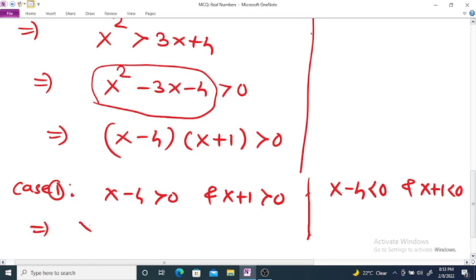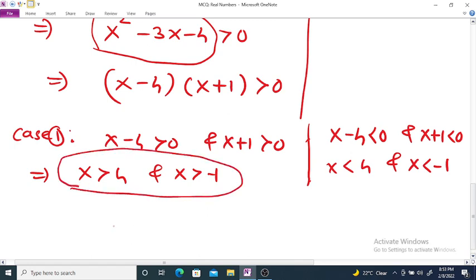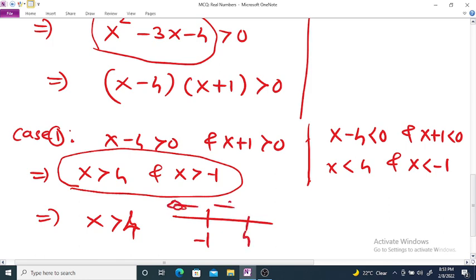So this implies x greater than 4 and x greater than minus 1, or x less than 4 and x less than minus 1. Now x greater than 4 and x greater than minus 1 implies x greater than 4, since we take the intersection of these two solutions, the common solution.